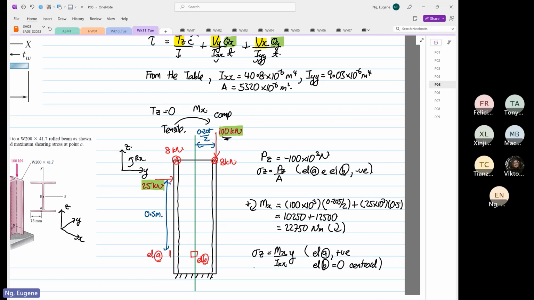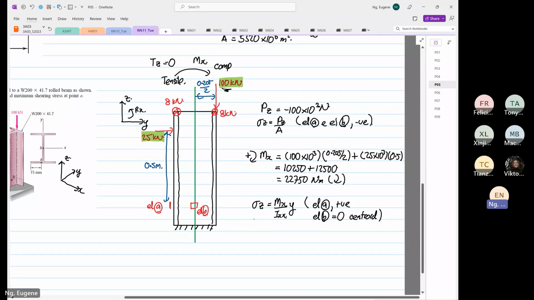Now, we have to be careful with the shear, okay? So we know that Vy, right, is equal to 25 times 10 to the power 3 Newton. But we cannot say that for element A, the shear from Vy is equal to 0.